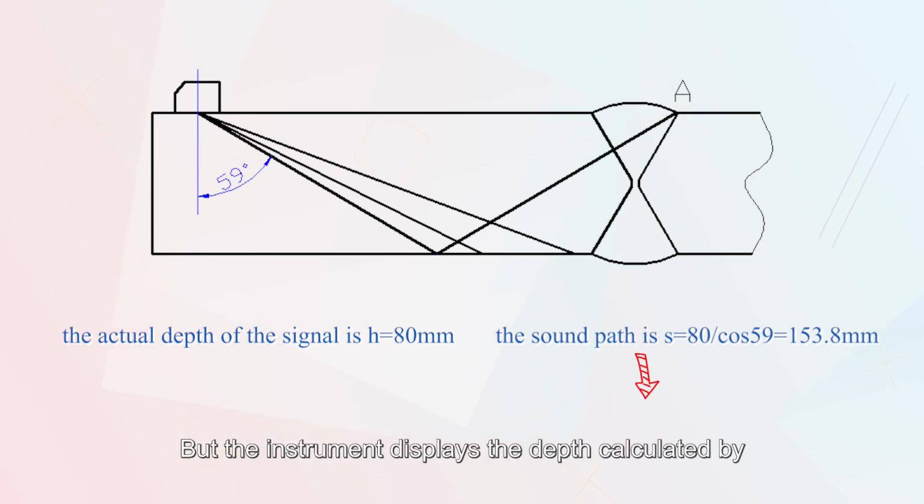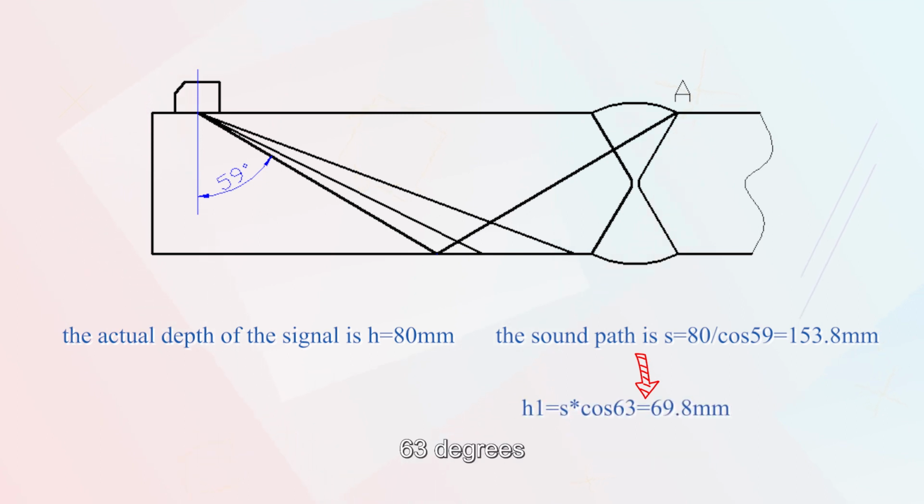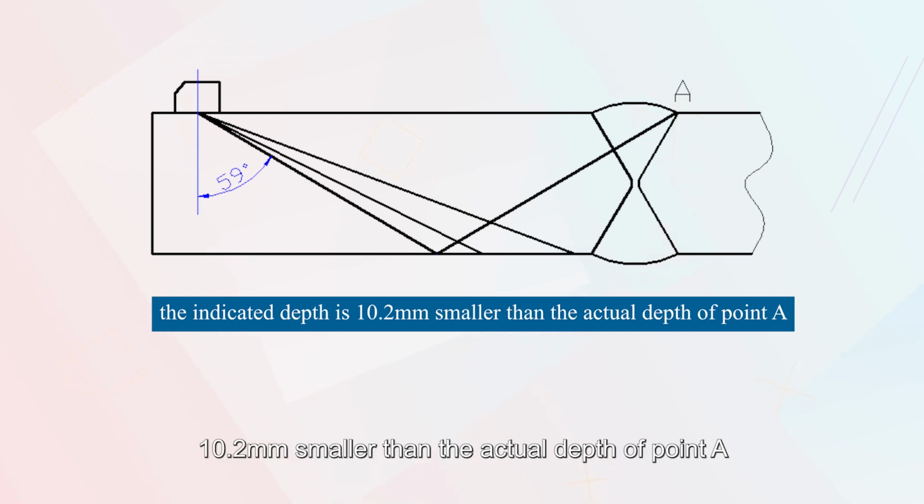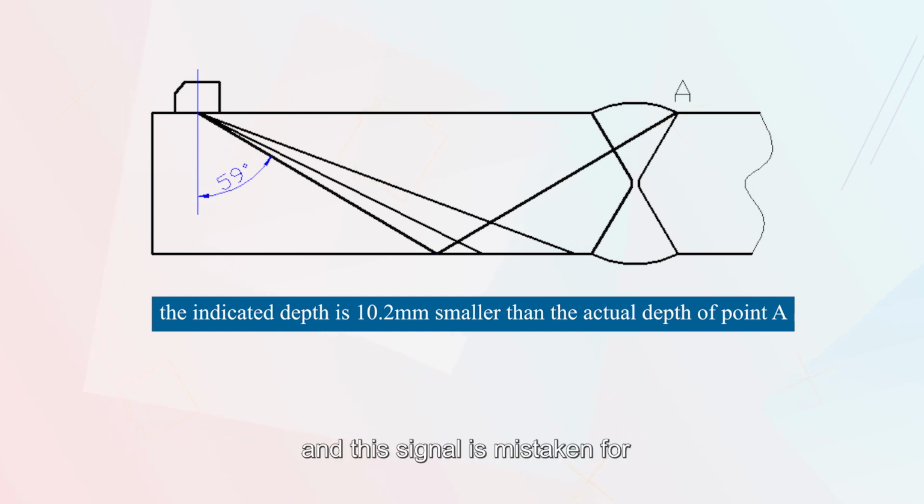But the instrument displays the depth calculated by 63 degrees, which is H1 equals S multiplied by cosine 63, which equals 69.8 millimeters, so the indicated depth is 10.2 millimeters smaller than the actual depth of point A, and this signal is mistaken for a defect below the surface.